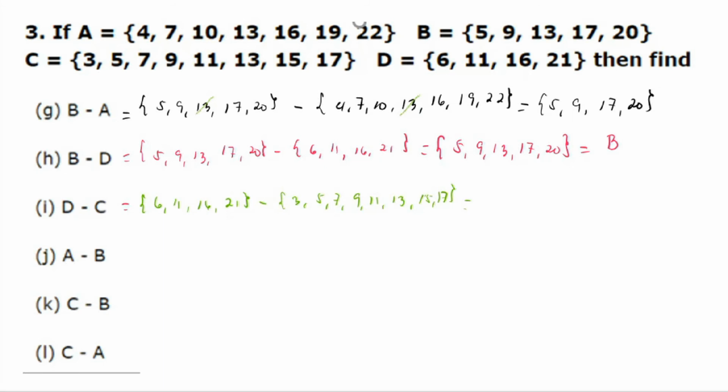So now, can we cancel 6? No, we can't. So 11 can be canceled. How about 16 and 21? Cannot be. So the only thing that we can cancel is 11. So therefore, we have the answer for D difference C. We have 6, 16, and 21.